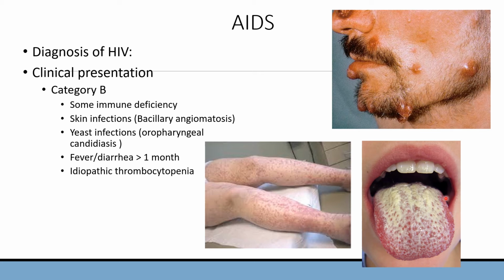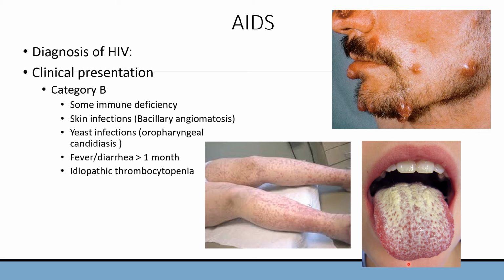So this is oropharyngeal candidiasis. Okay, so that's a yeast infection, and if you look at your tongue it can tell you a lot about your health. This is because your immune cells aren't keeping in check the yeast that is found in your tongue.